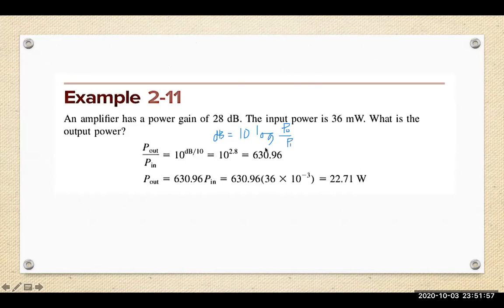So we have 28 dB divided by 10 and then get the anti-log. So it's 10 raised to 2.8. This is the value, and to determine the output power, just multiply this unitless gain by the input power. So you now have 22.71 watts.